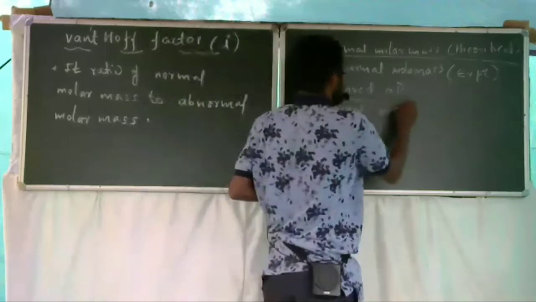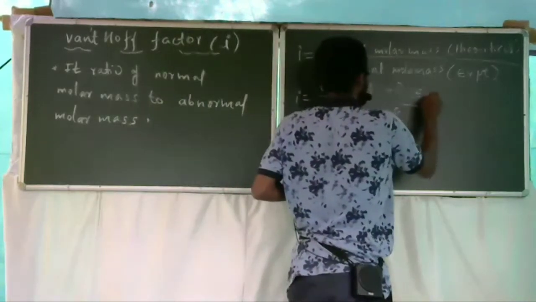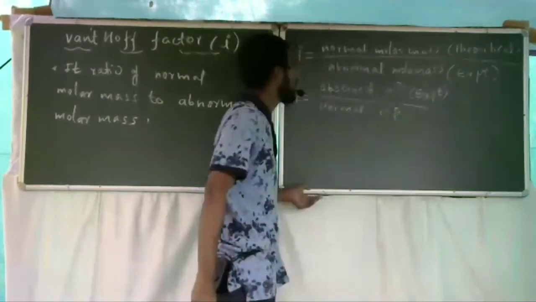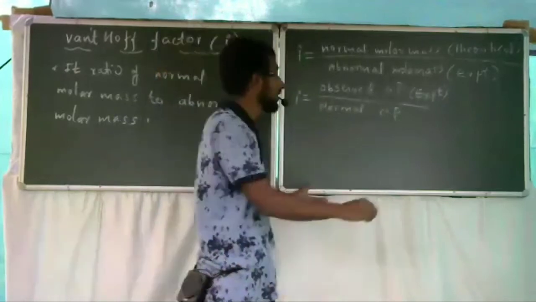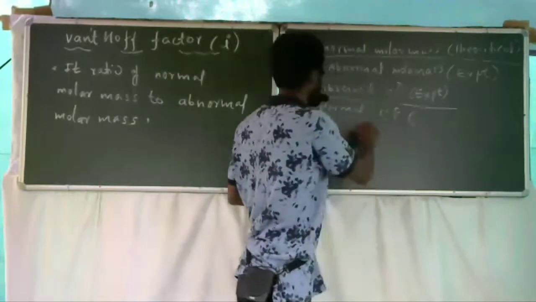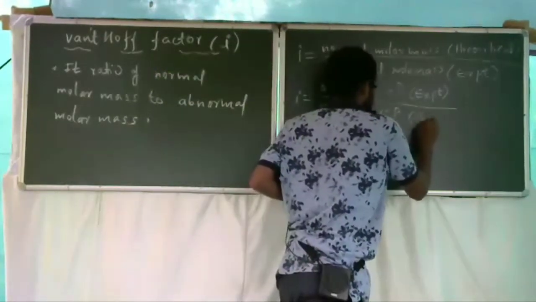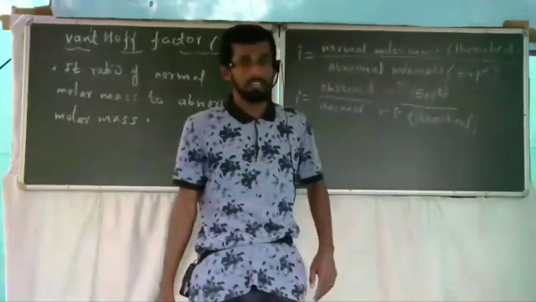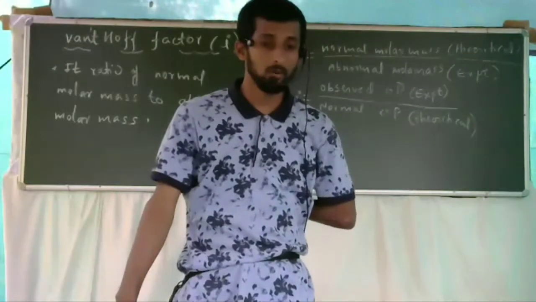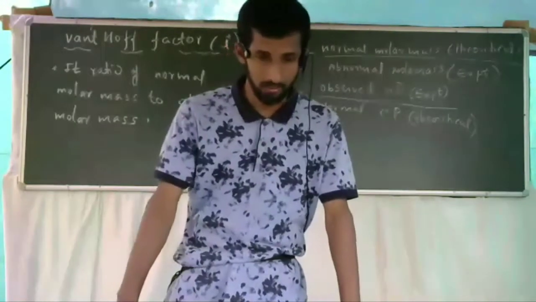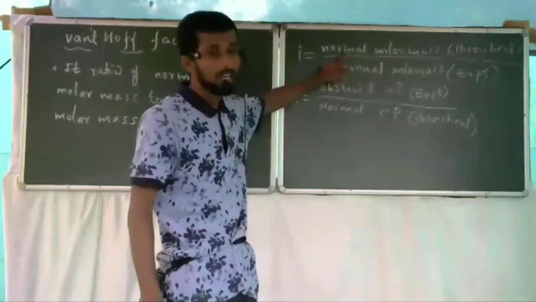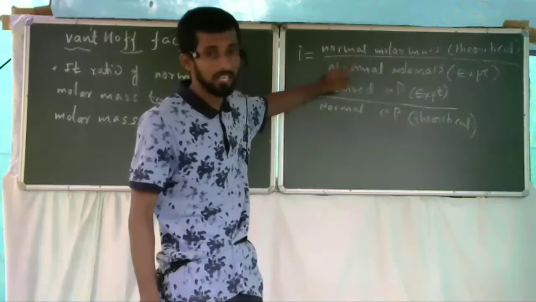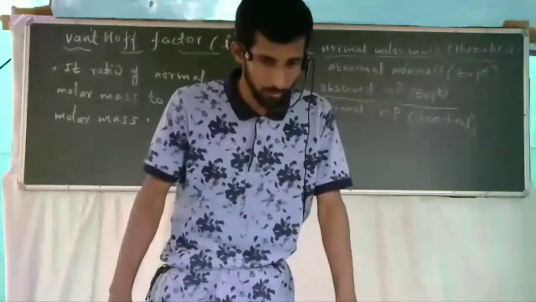Here observed means what? Experimentally calculated colligative property. Normal colligative property means what? Theoretical colligative property, that is by assuming solute will not undergo association or dissociation. It is inverted because, as already discussed, molar mass and colligative properties are inversely proportional to each other.